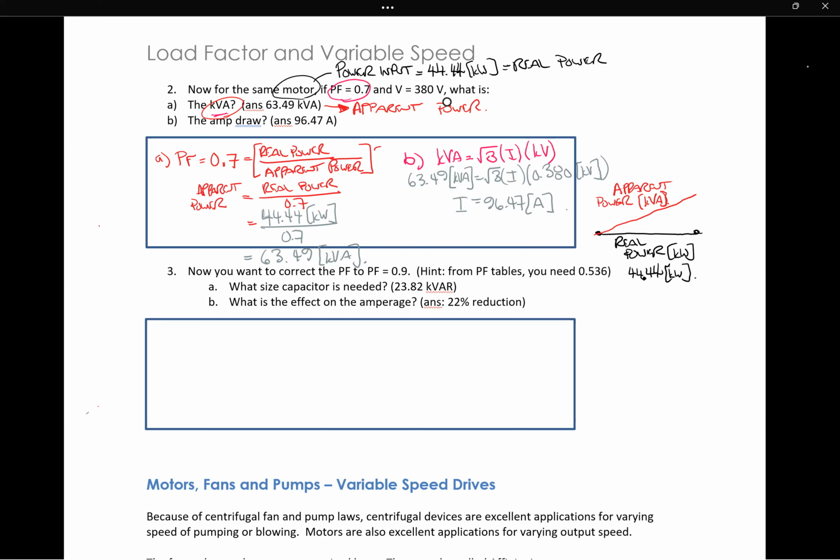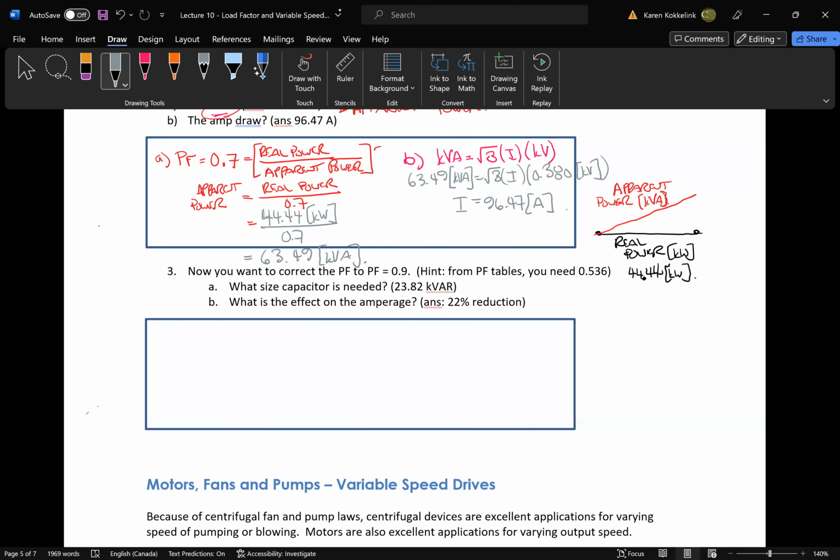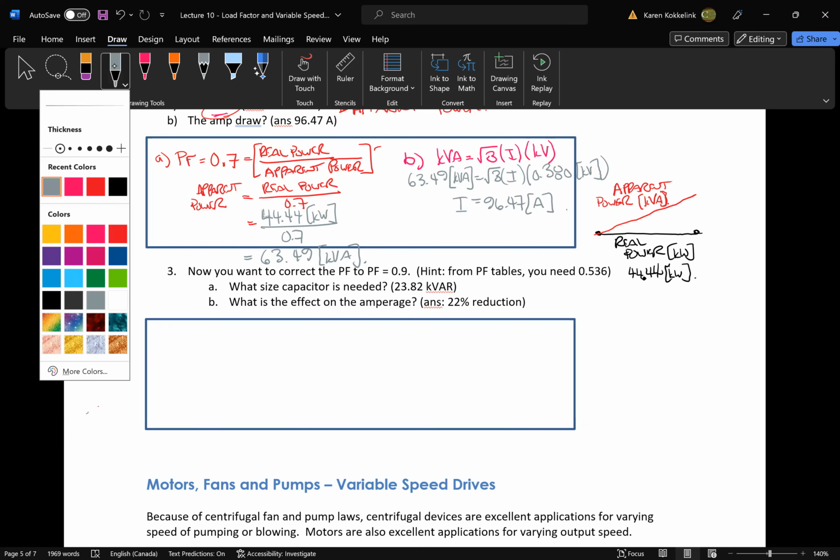So you see that there is a problem here, and if I correct this power factor, we can reduce the amount of reactive power required, and hopefully reduce some of the demand charges charged by our utility.